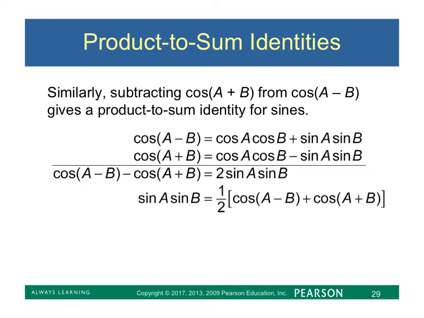Now, the other way around. If you want to go from a product to a sum, what we just did right now, what's he going to say here? Subtracting, oh, he's doing the subtraction. It's the same thing. You've got your cosine A minus B, cosine A plus B, whereas that was the order.